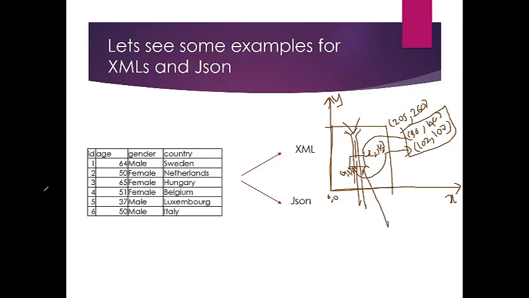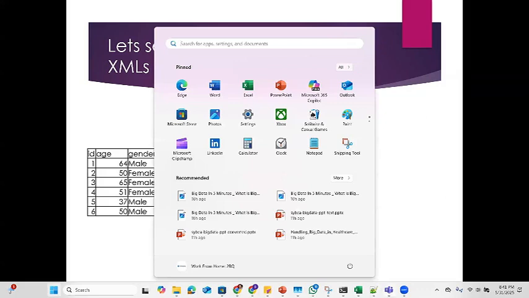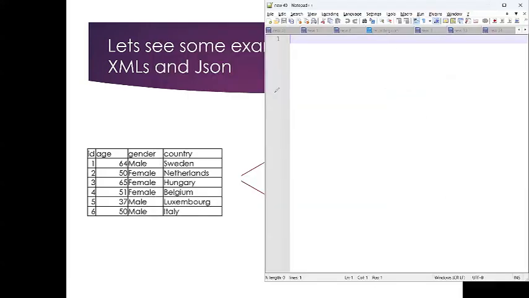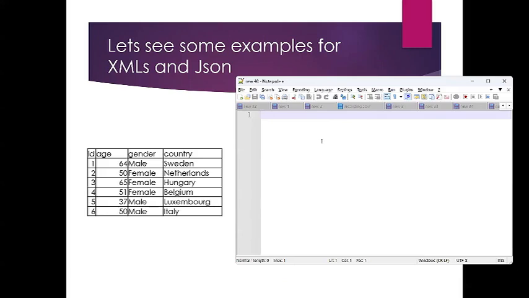So let me very quickly go through how you can implement an XML file for this data set, right? Okay, I hope you can see my screen, I have this notepad open. So in notepad, I will open a meaningful text, right?